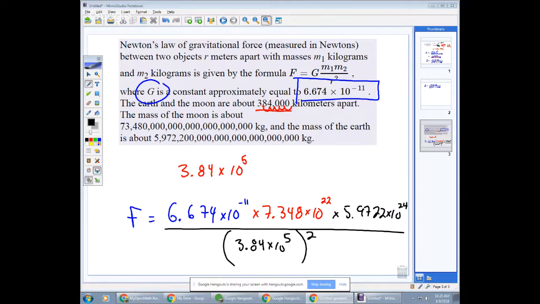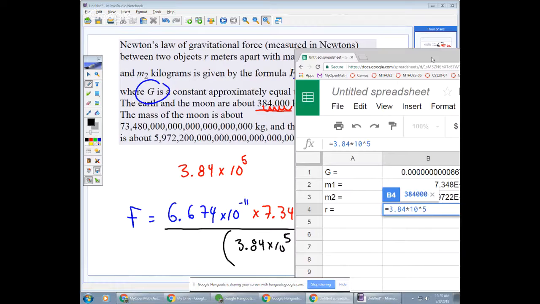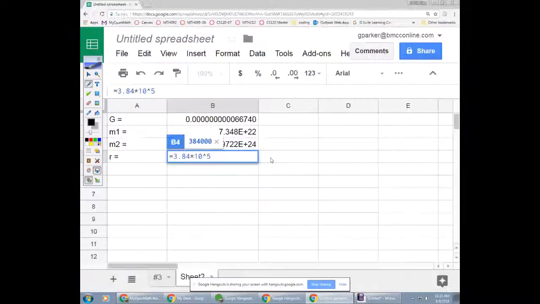I'll show you what I'm doing here. Times 10 raised to the fifth. Okay, so what I'm doing off on the side here is I'm typing that information into a spreadsheet. And since I'm doing scientific notation, I have to do equals first to say, hey, make this calculation for me.